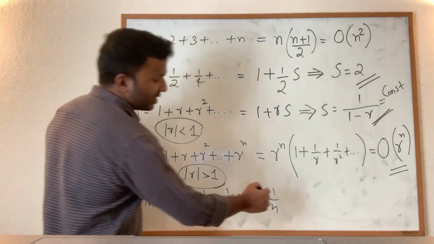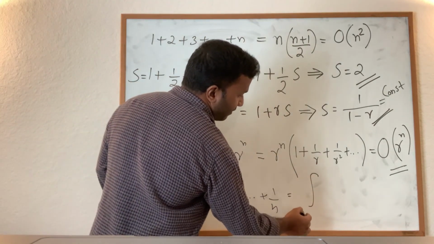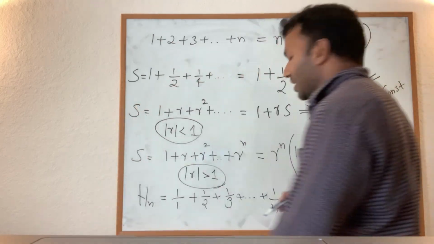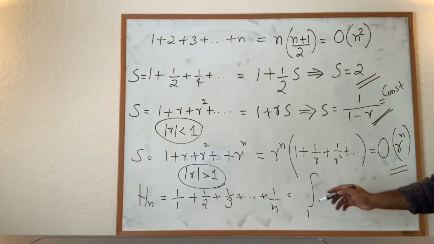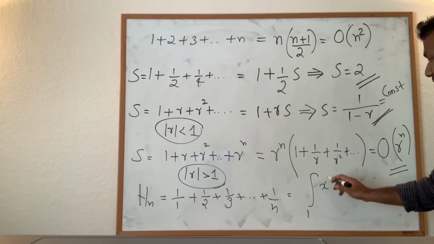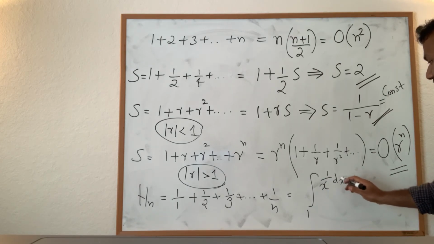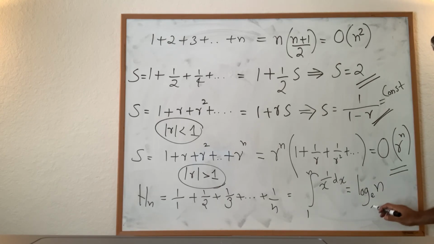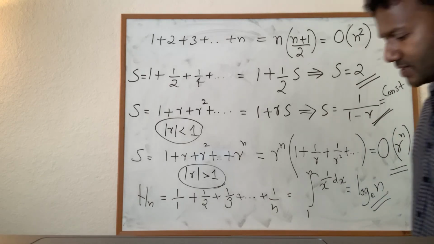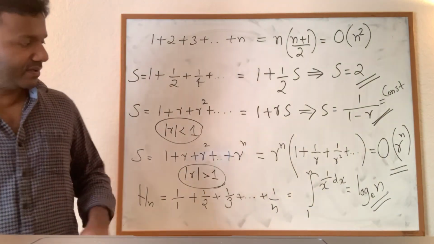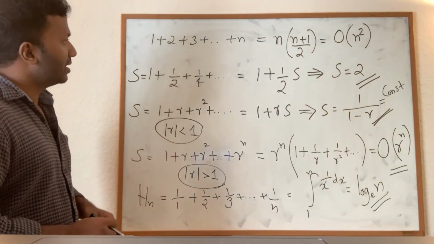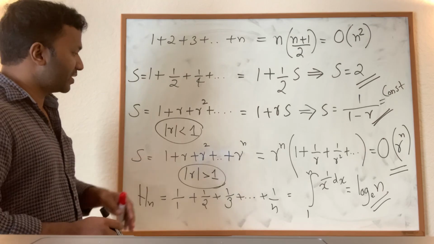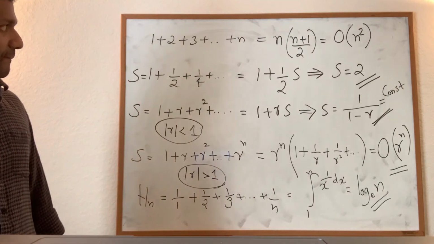If you remember, this can be written as roughly, so this is basically a sum, and a sum can be approximated using an integral, like the integral of 1 over x dx, where x goes from 1 to n, and you can approximate this as log of n, where log is to the base e. So these are some of the old tricks. Just remember them so that we can use them later. All right.